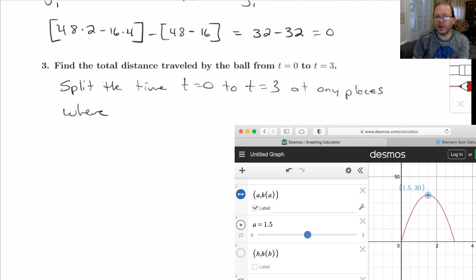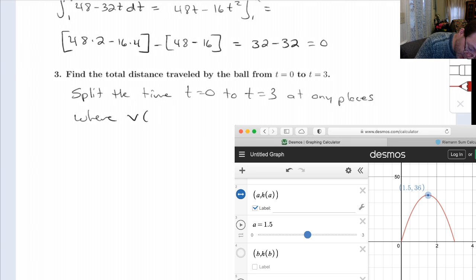And remember, the only places it can change direction is where the derivative is 0. So we need to split the time at any places where v of t equals 0.